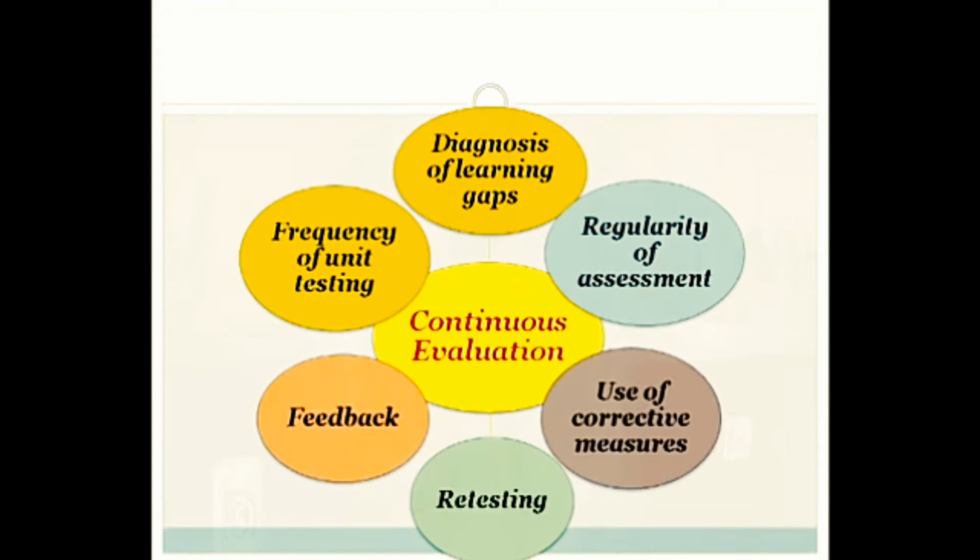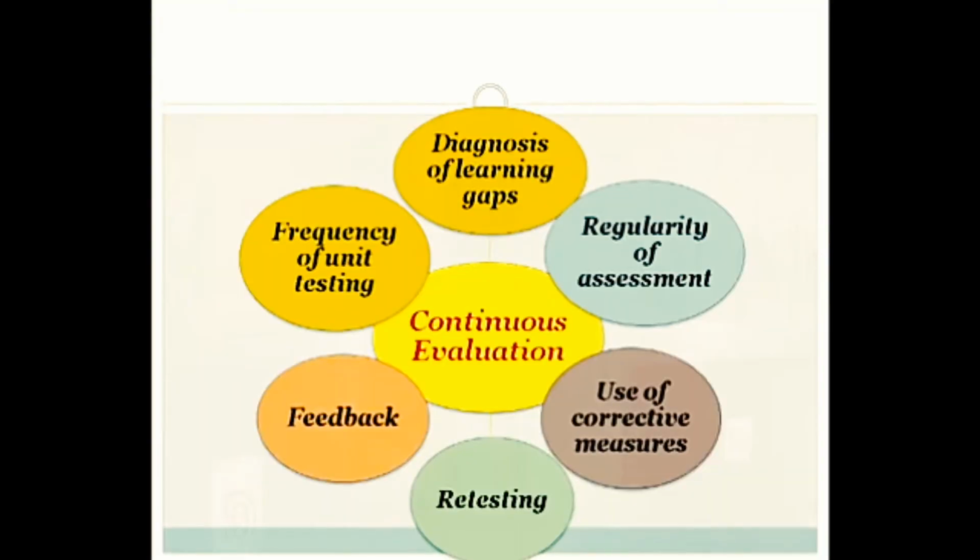Then on the basis of that diagnosis, we try to provide corrective measures and feedback to the students, so that they can improve upon their learning difficulties, so that they can correct their mistakes and errors. So diagnosis of learning difficulties, use of corrective measures and provision of feedback are all features of the continuous aspect of CCE.